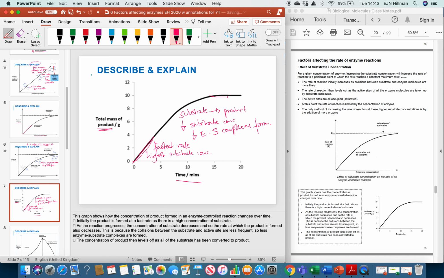Eventually this gradient completely plateaus. So there is no further increase in the product produced, and this point where it's plateaued is because all substrates have been converted to product, i.e. the substrate concentration at this point is 0.